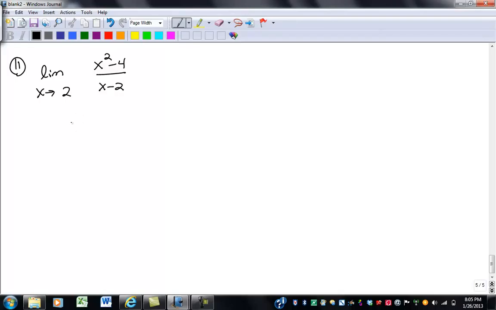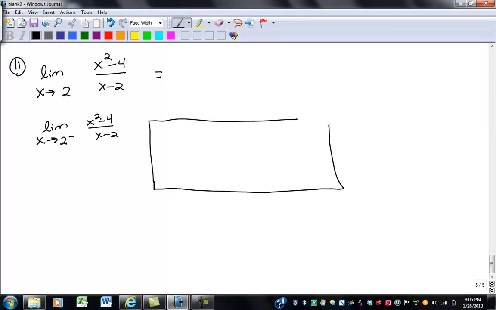Well, one way to look at the limit is to find the left-sided and the right-sided limit. So if I look at the limit of x squared minus 4 over x minus 2 as I approach 2 from the left, that means I need to plug in numbers smaller than 2 if I'm approaching it from the left. X and f of x.